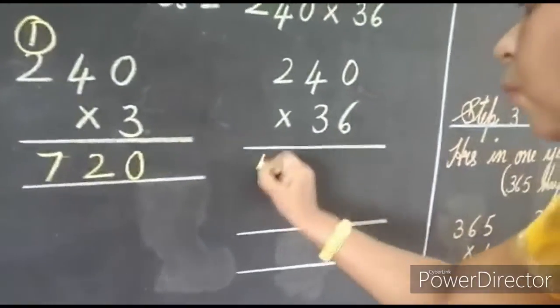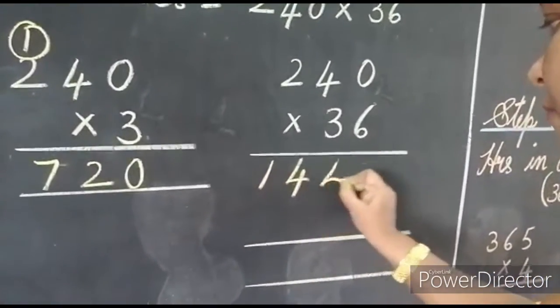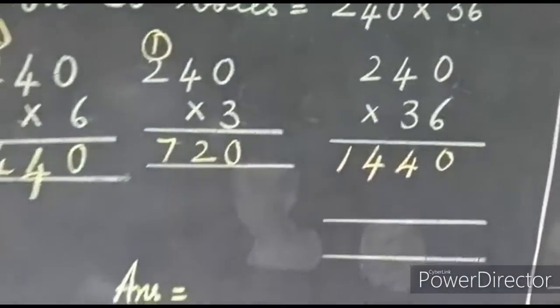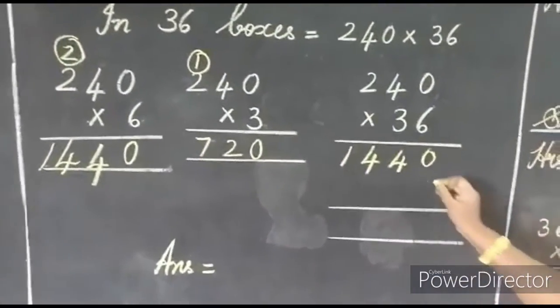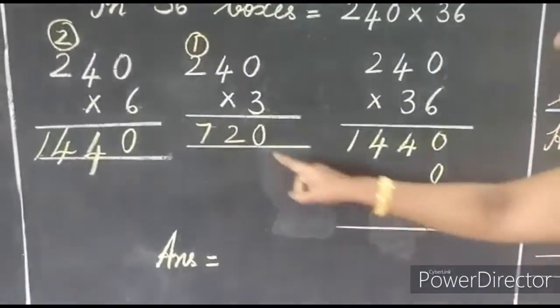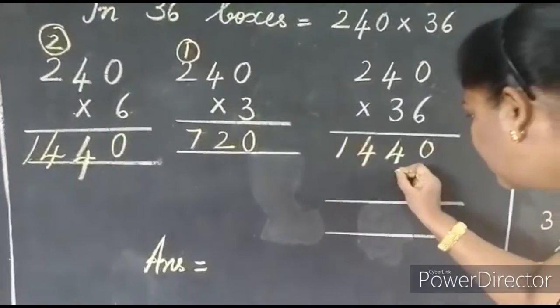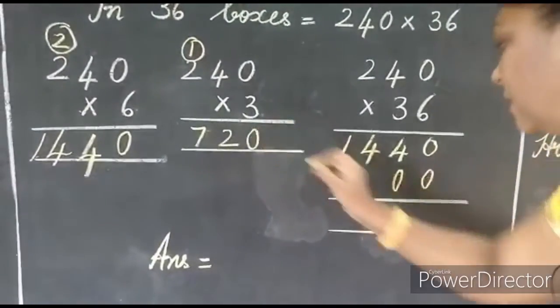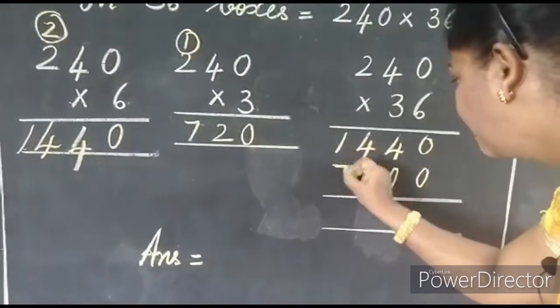First step, 1, 4, 4, 0. Second step, in the first place you shouldn't write anything, mark it as 0. Already again there is a 0, don't miss it out. 0, then 2, then 7.